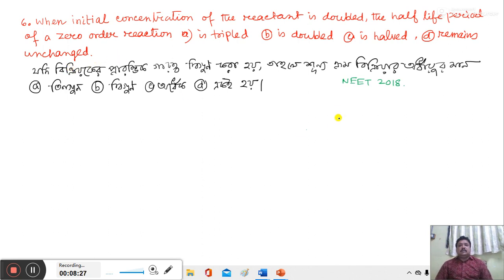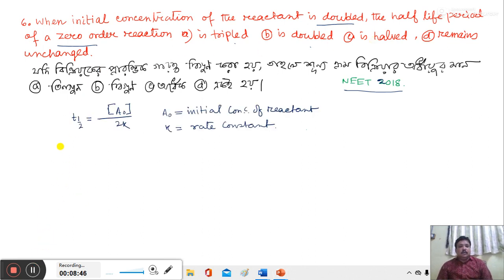The next question came in NEET exam 2018. The question is, when the initial concentration of the reactant is doubled, the half-life period of a zero order reaction becomes triple, doubled, half, or remains unchanged. We know for a zero order reaction T half is equal to A0 by 2K, where A0 is the initial concentration of the reactant and K is the rate constant.